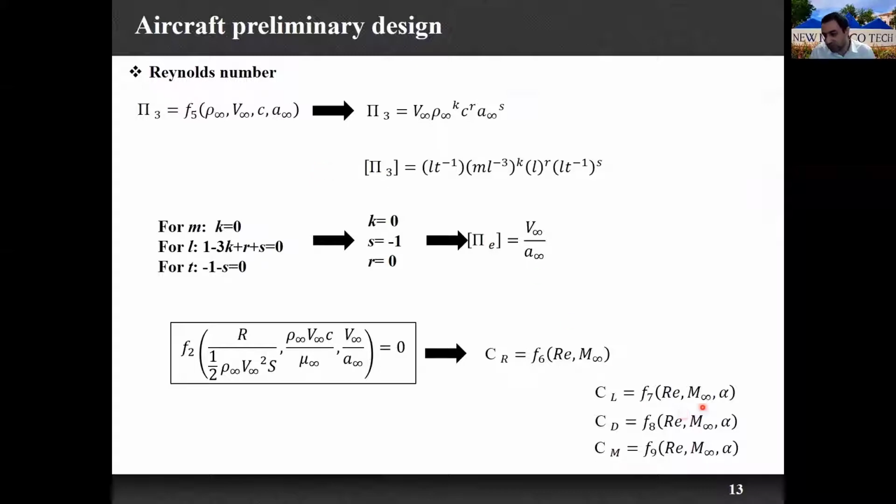Re stands for the Reynolds number, which we discussed, and how it can be calculated. M is the Mach number, and alpha is the angle of attack.